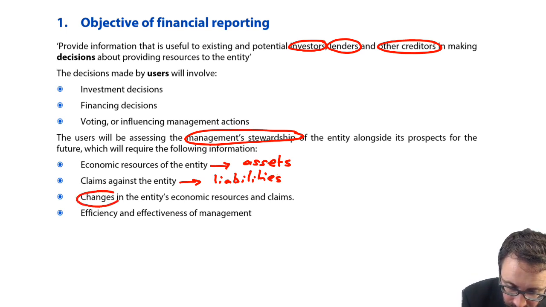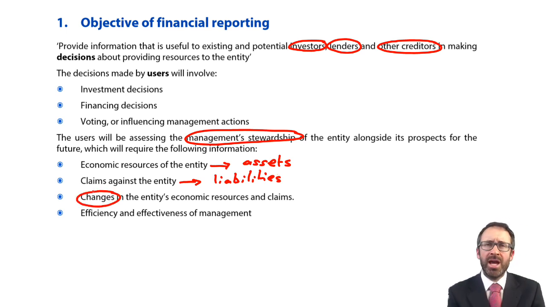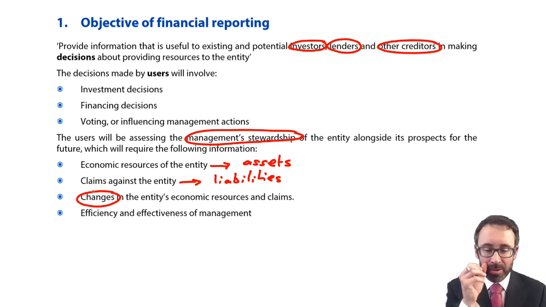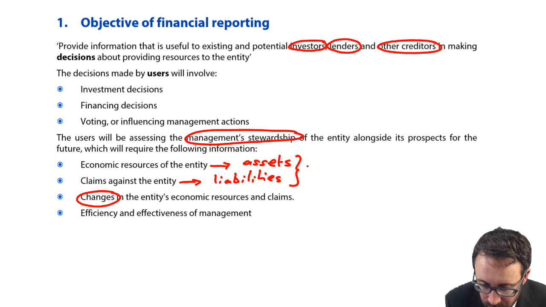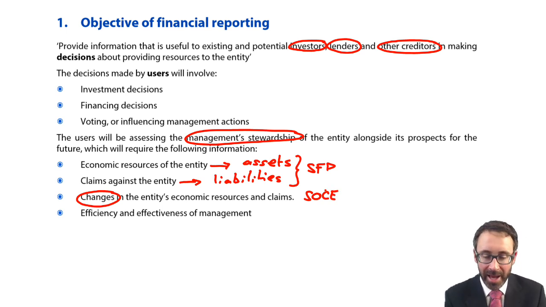So where do we see the word change in a financial statement title? Statement of changes in equity. The resources of the entity and the claims are covered in the SFP. The changes are within the statement of changes in equity.